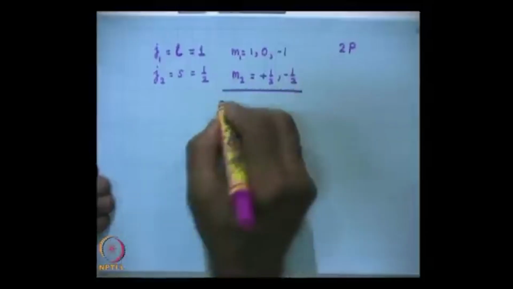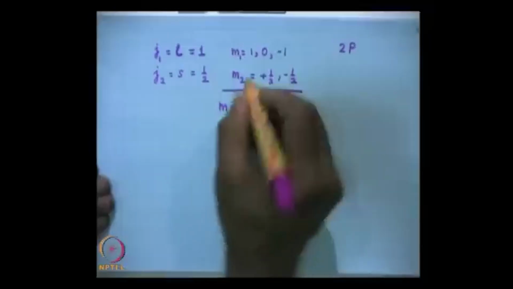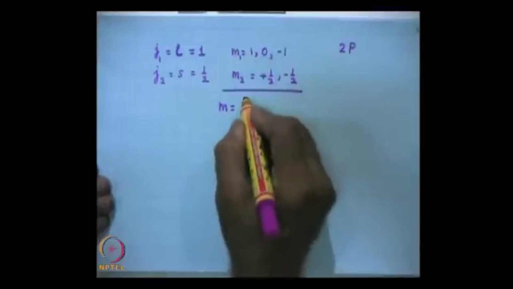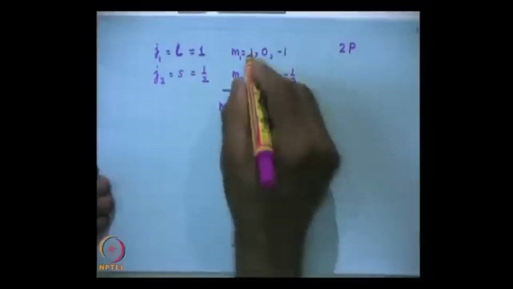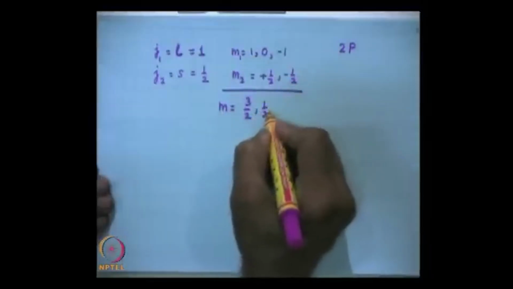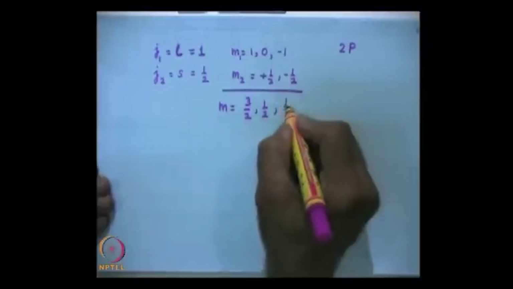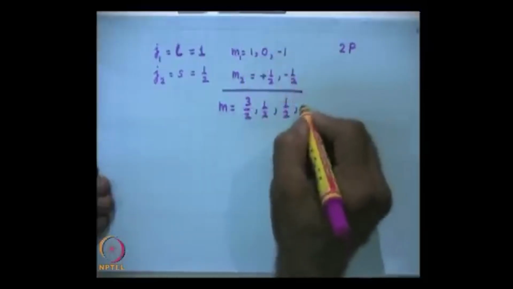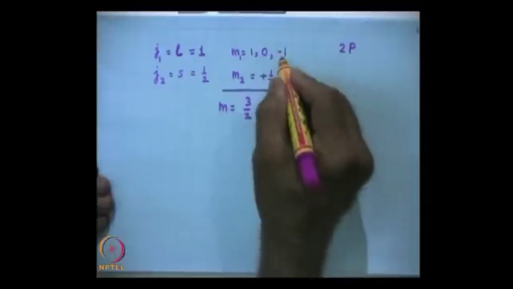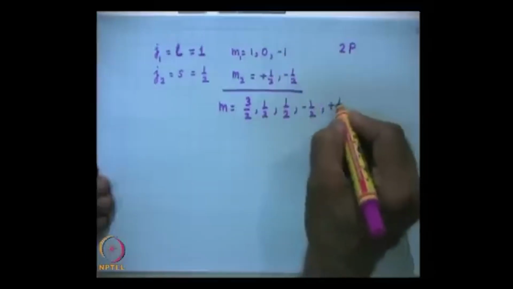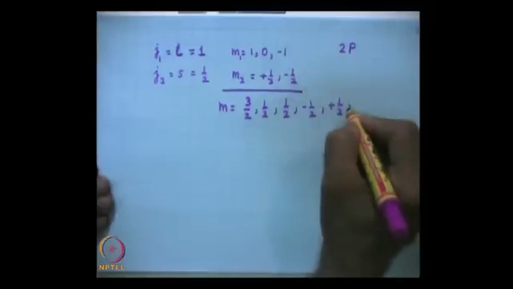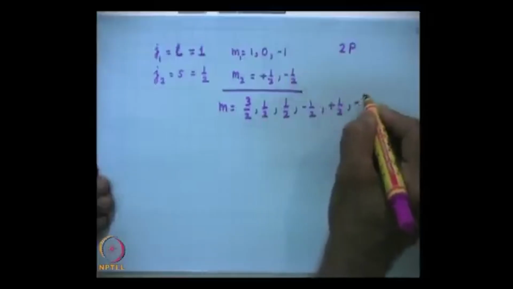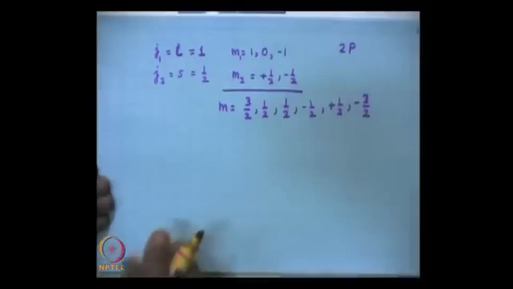So, what are the possible values of m? So, please see, 1 plus half, that is 3 by 2, 1 minus half, that is half, 0 plus half is half, 0 minus half is minus half, minus 1 plus half is minus half, minus 1 minus half is minus 3 by 2.